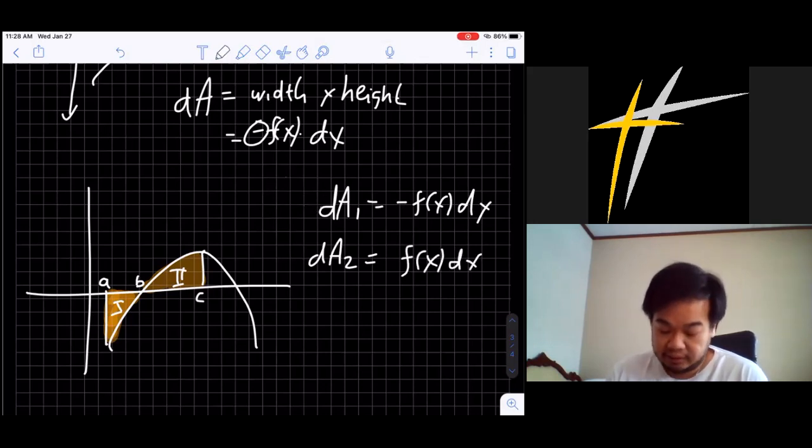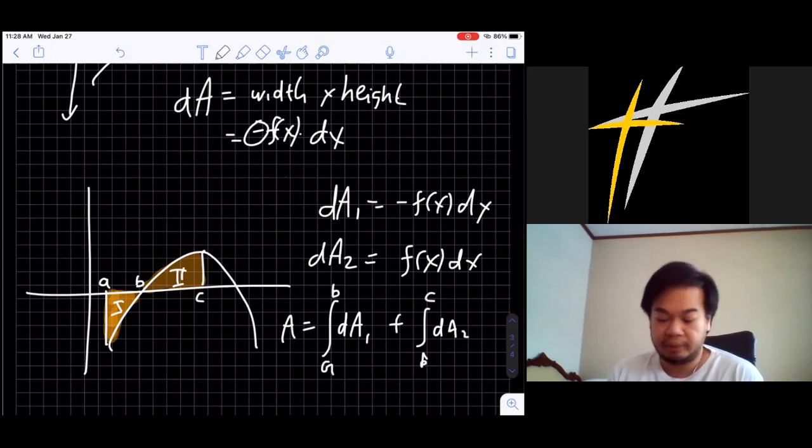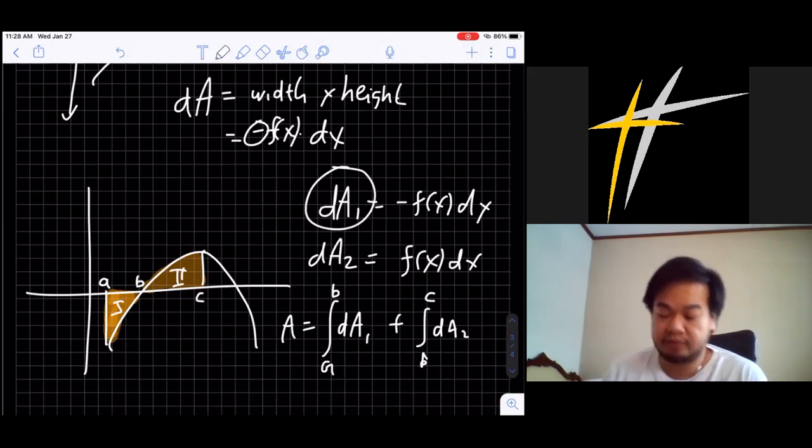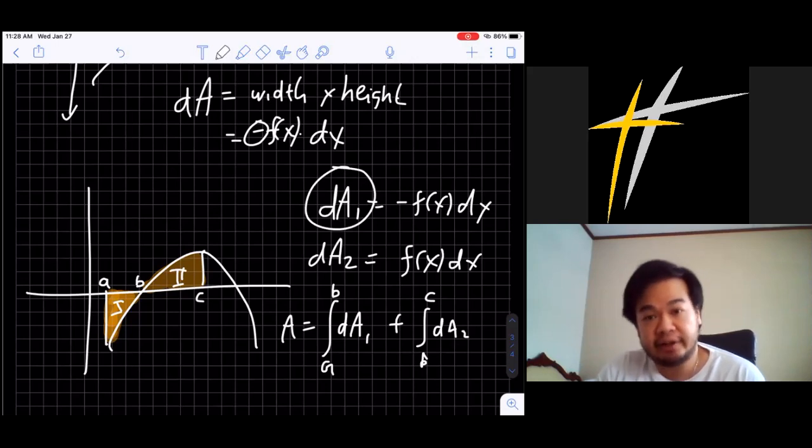Then the total area will be equal to the integral of the first area plus the integral of the second area. The boundary is from A to B for the first, and from B to C for the second. So basically you need to do two steps. Be careful to determine the dA formula, whether it's just f(x) dx or negative f(x) dx.